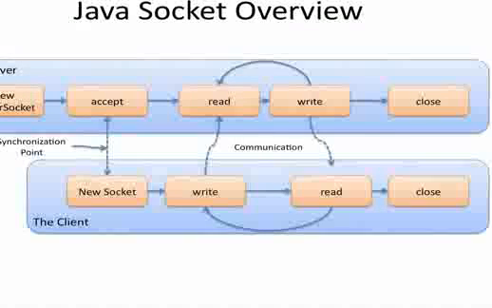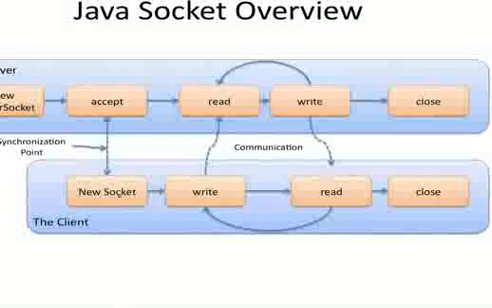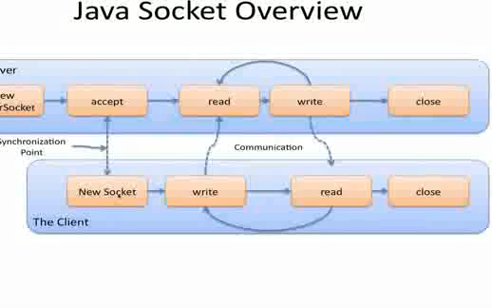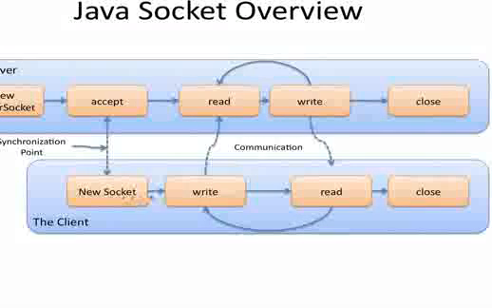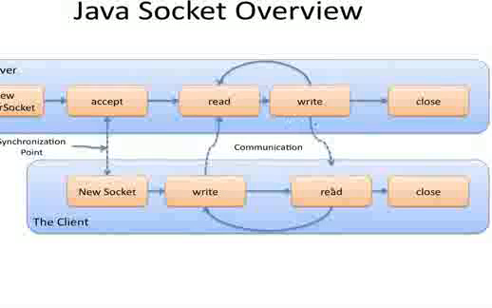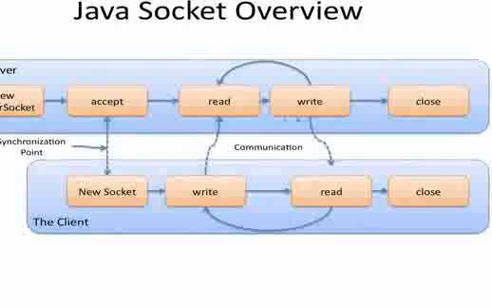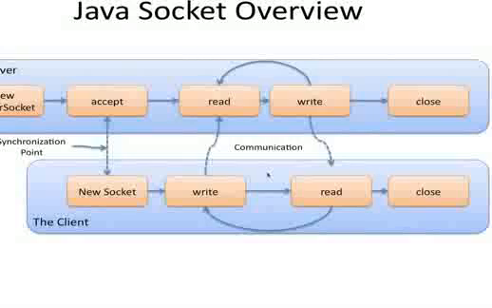Once we create that socket down here in the client, we actually will connect, and the server process will unblock and the client process will unblock, and now they can actually communicate together doing reads and writes in a way that's pretty much the same as you would do reads and writes to a file in Java.